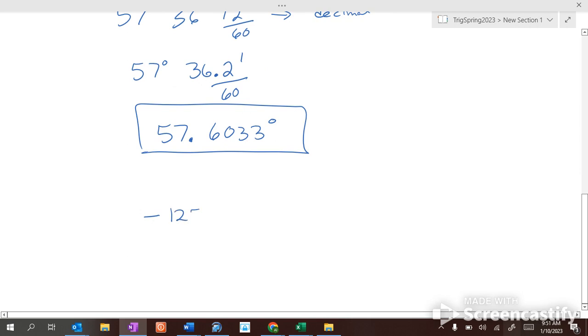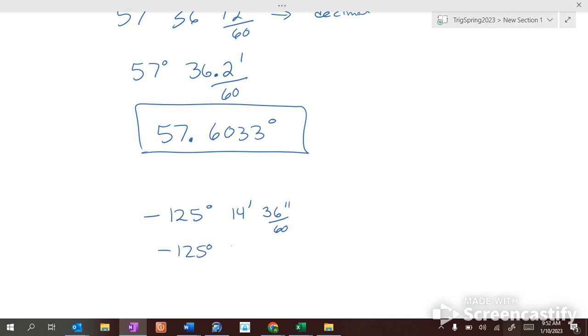Negative 125 degrees, 14 minutes, and 36 seconds. Okay? First step is to do what? Divide the seconds by 60. And 36 divided by 60 is 0.6.